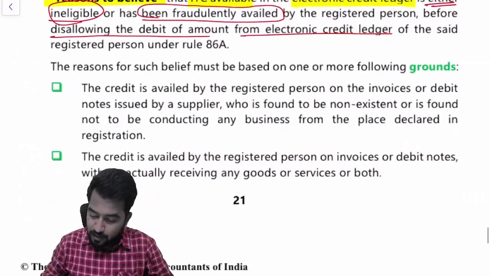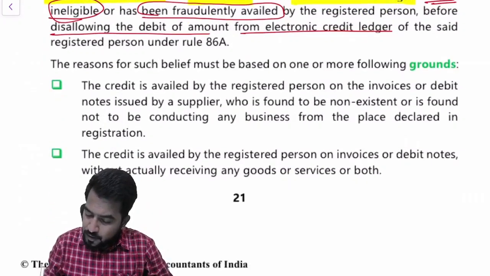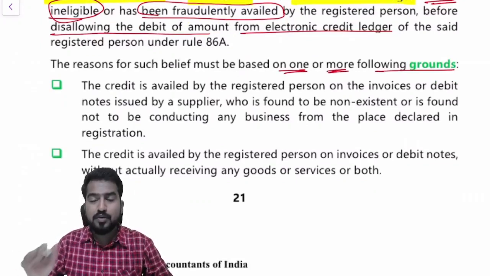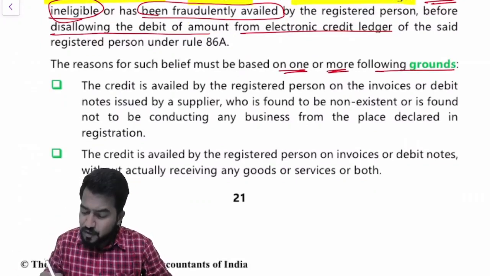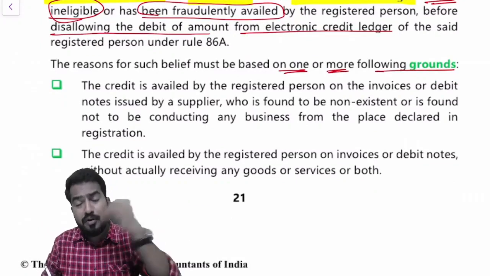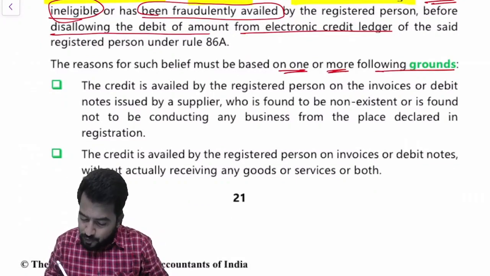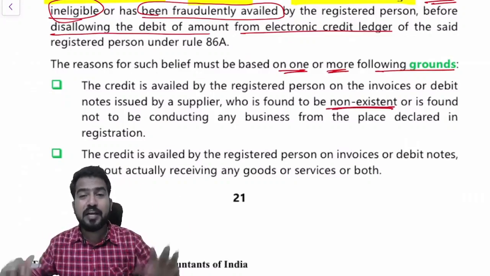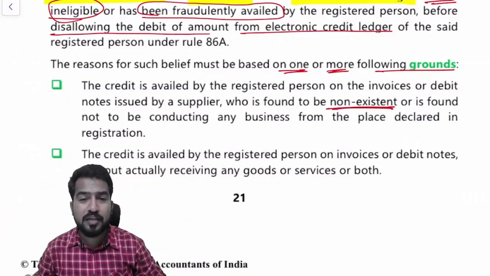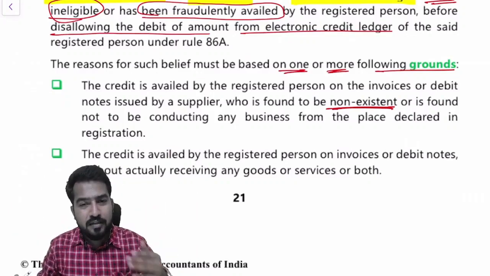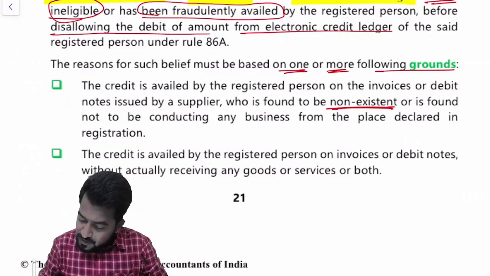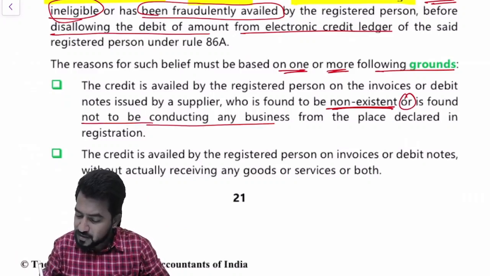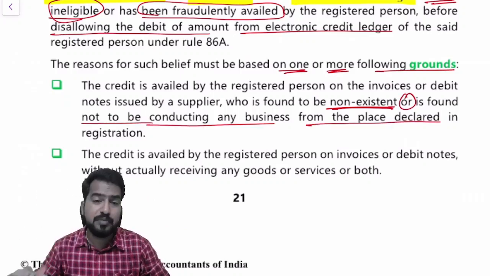Please understand, the grounds can be any one or more of the following, my dear friends. What is the first ground? The first ground is about the person from whom you are claiming that you have availed that credit. That fellow is not at all existing. That means you are claiming that you have availed credit from Mahendra Bahubali, who is not at all existing, or that fellow is existing but not conducting the business from the declared place of business in the registration.